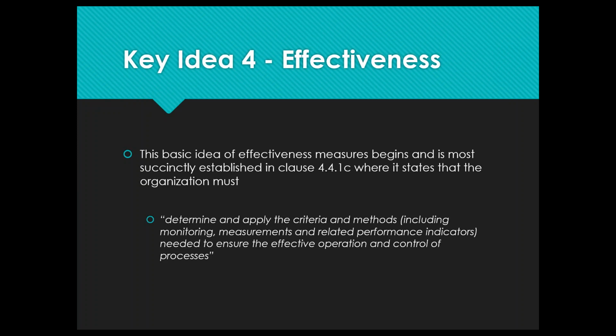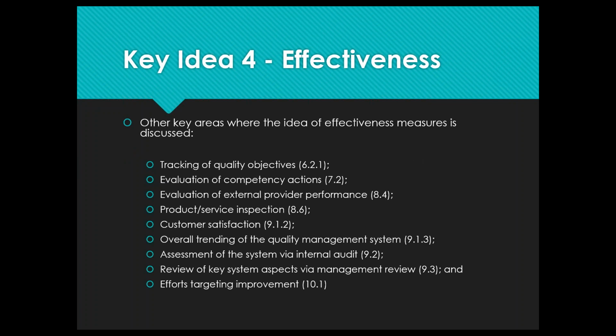But the standard gets even more specific than that. And we've got a whole list of things here. So again, quality objectives, a measure of effectiveness, 6.2.1. Evaluating actions for competency, 7.2. External provider performance, 8.4. Inspecting products, 8.6. Measuring customer satisfaction, 9.1.2. Doing trending analysis on the system, 9.1.3.